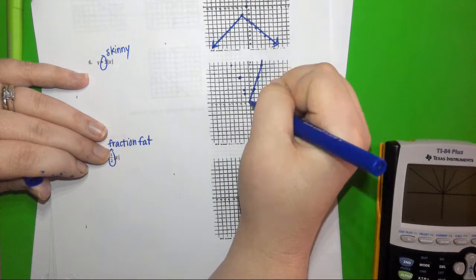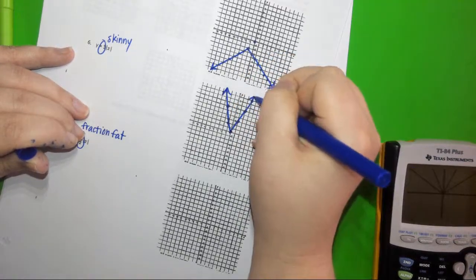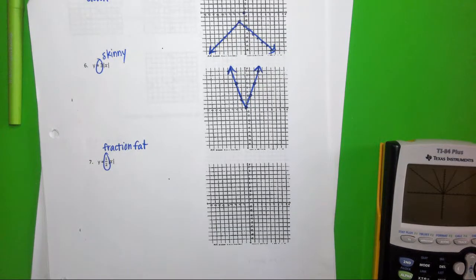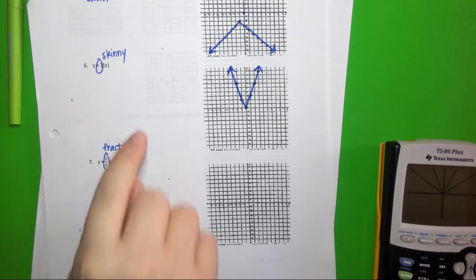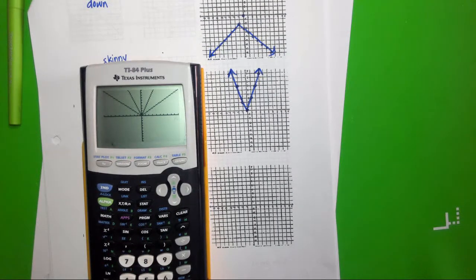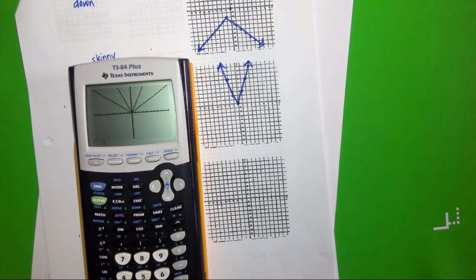So it ends up making a skinny V. So if either you understood how I just did the over 1 up 3 because of the 3 out front, or you got your handy little friend and he helps you figure things out, you can press trace, you could graph the parent with it, you could press table. There's an unlimited amount of options to help you get this graph correct.